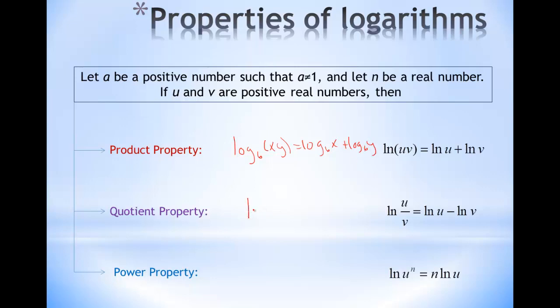If I had ln of 5 over 4, that's going to be the ln of 5 minus the ln of 4. And if I had the ln, let's say, of e squared, that's going to be equal to 2 ln of e, which we know the ln of e is 1, so that's simply going to be 2. So there are a couple quick examples of using these properties. Let's do some more.